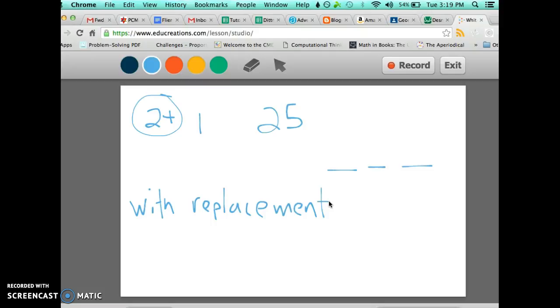What's the probability that each number is greater than 20 or less than 4? Greater than 20, so that's 21 through 25, that's 5. The chances are 1/5. Or less than 4. Well, less than 4, that's 1, 2, or 3. So that's 3/25.